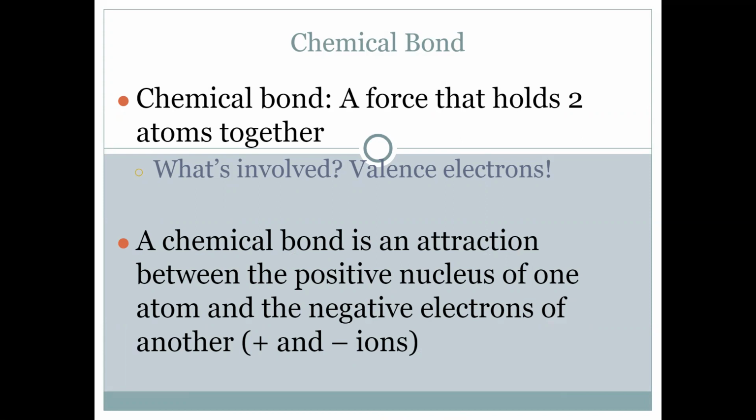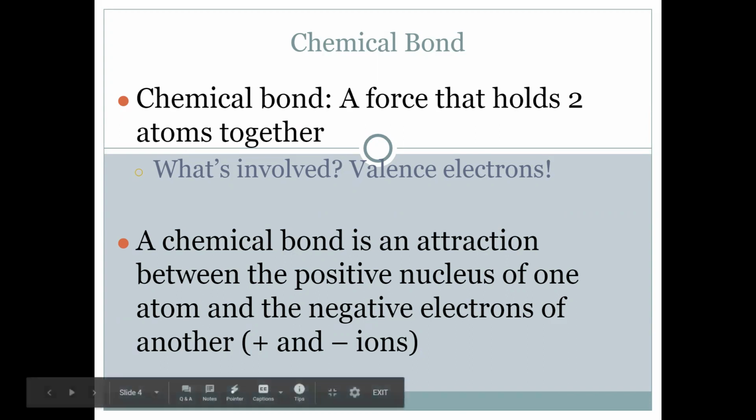A chemical bond is an attraction between the positive nucleus of one atom and the negative electrons of another atom. We learned back when I was talking about atoms in general that protons are positive and electrons are negatively charged. Protons are found in the nucleus, so that's your positive nucleus, and electrons are negative, hence your negative electrons.